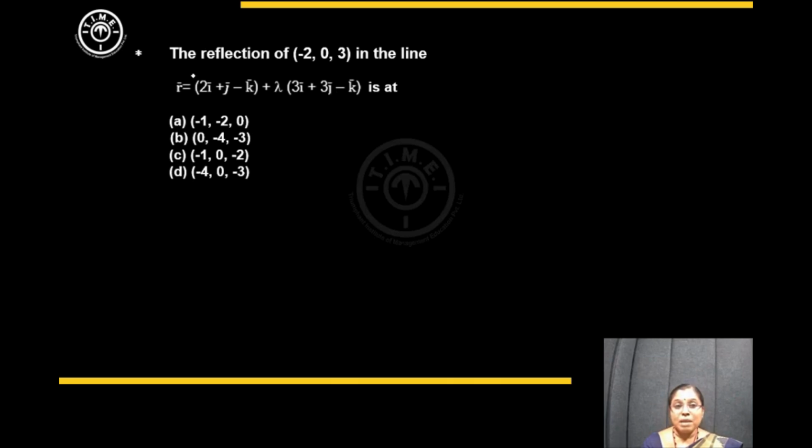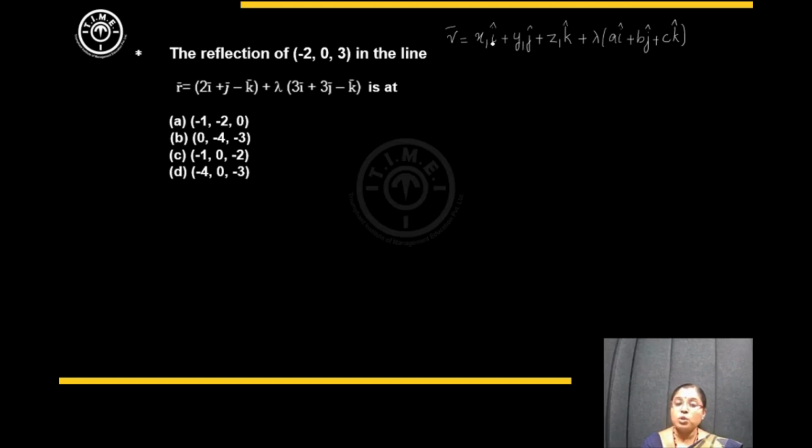First, let me explain how to write this vector equation in the Cartesian form. Suppose we are given r equal to x1 i plus y1 j plus z1 k plus lambda times (a i plus b j plus c k). This is the vector equation given, and we are asked to find the Cartesian form.